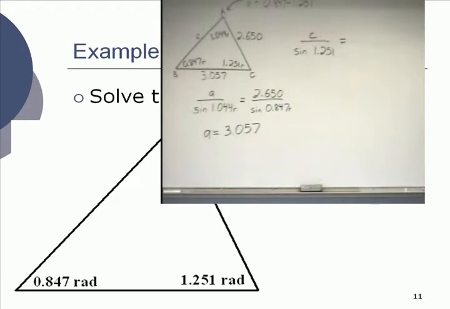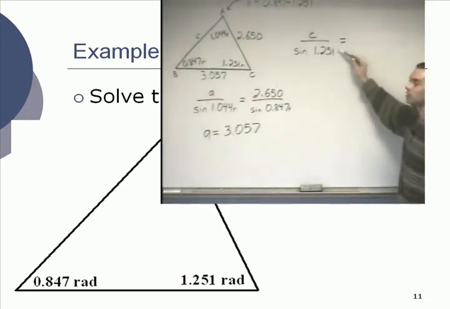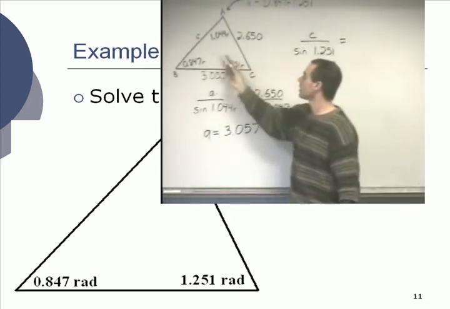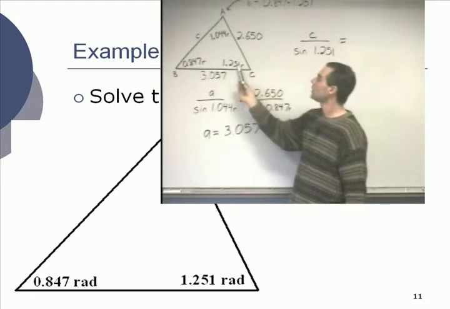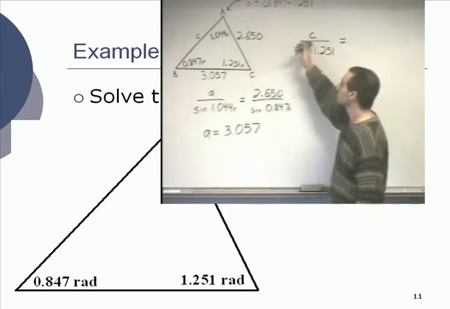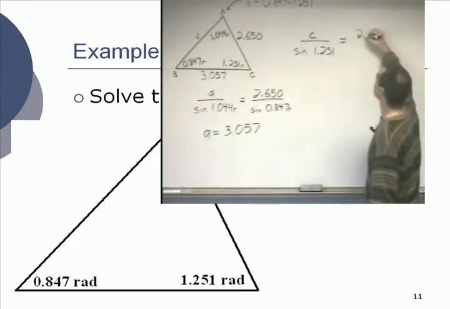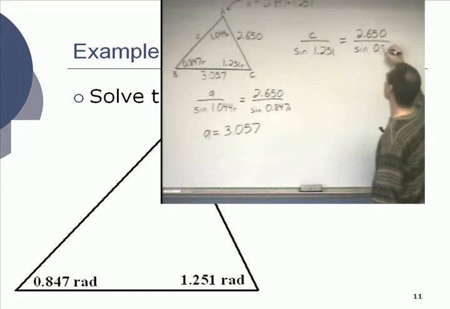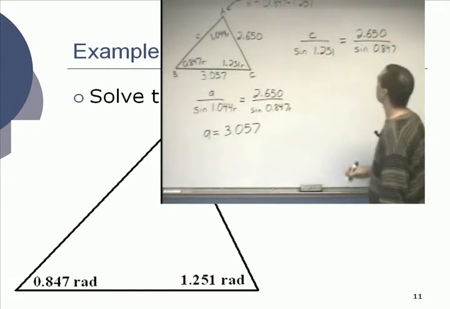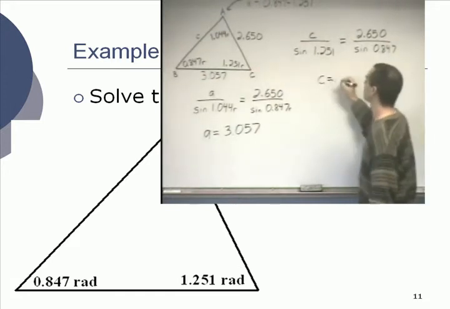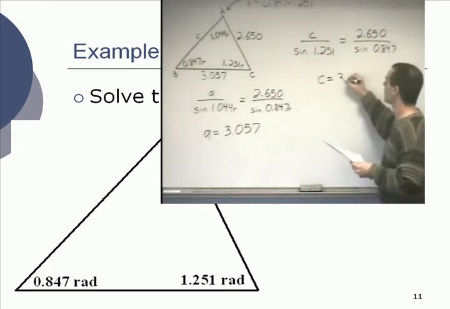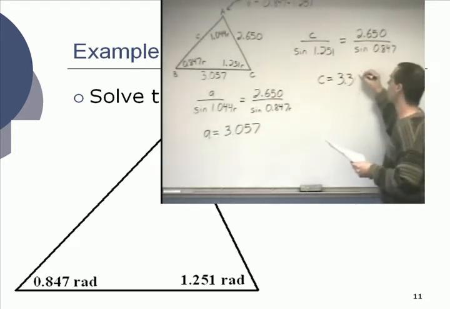I usually put the R to clarify, but when you're writing, as long as you don't put degrees, it's assumed to be radians. Just keep that in mind. So C over sine of 1.251, that's side length over sine of opposite angle. Go back and use the one that we knew. That's 2.650 over sine of 0.847. And if you solve that one, 3.357.